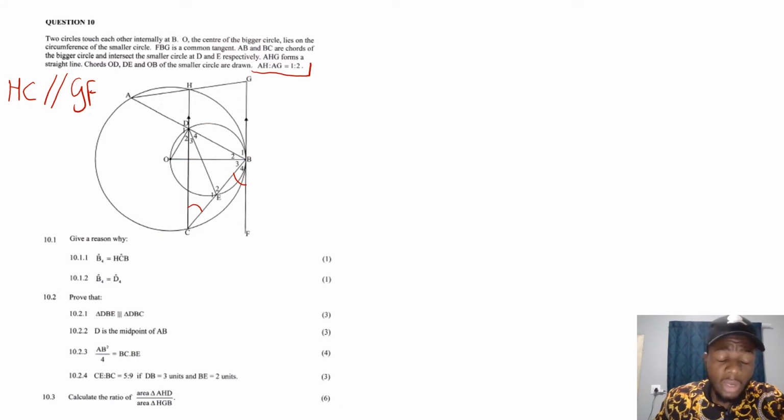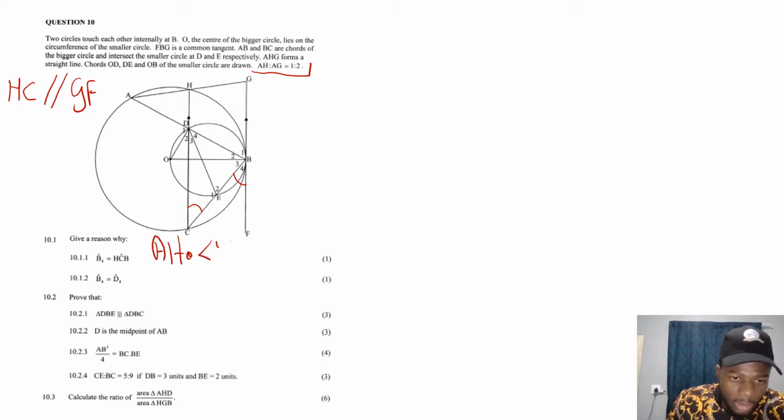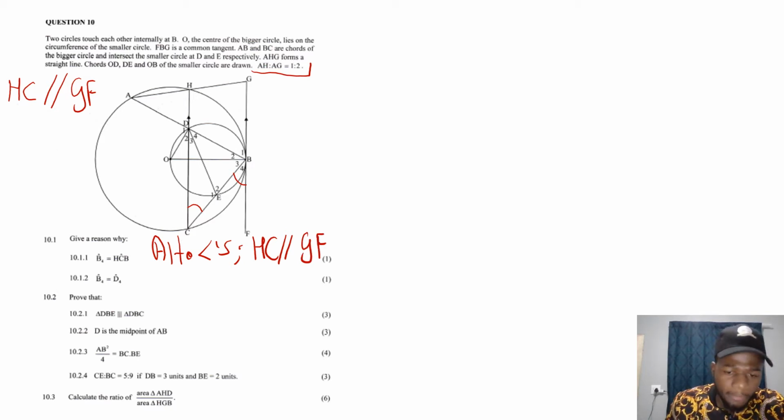So here we talk about corresponding angles, alternate angles, and co-interior angles. These two angles form our Z shape, which is alternate angles. So they are equal because of alternate angles, because we have two sides that are parallel, the HC and the GF. Okay, let's go to the next question.